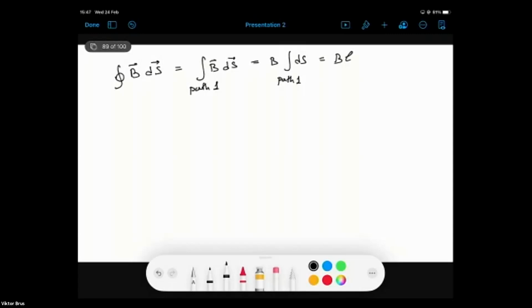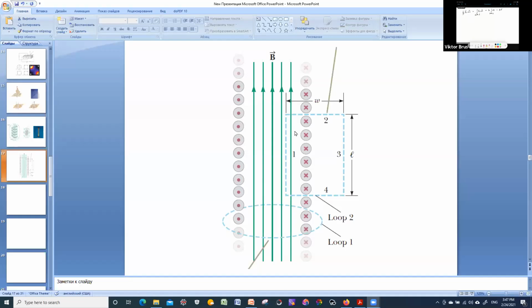So let us share this image again, and we will see what is the total electric current.